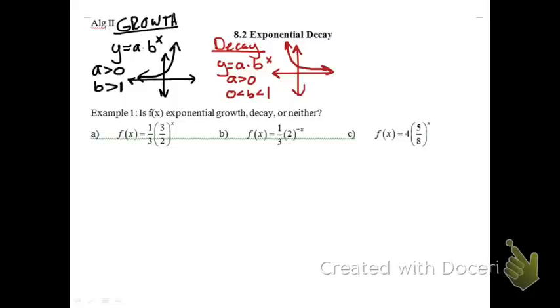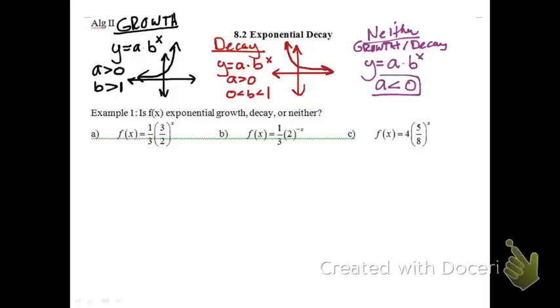Now, on the other hand, you're going to have neither growth nor decay if you have y equals a times b to the x, where a is less than 0.